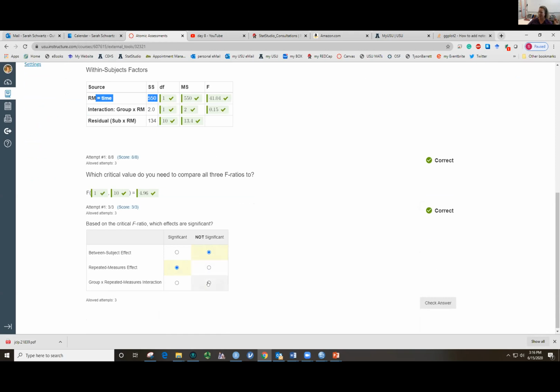Not even close. So in this example, the only thing that's significant is the repeated measure. So our outcome differs between before and after they drink the vodka, but it's the same whether or not they're an alcoholic or a moderate social drinker.